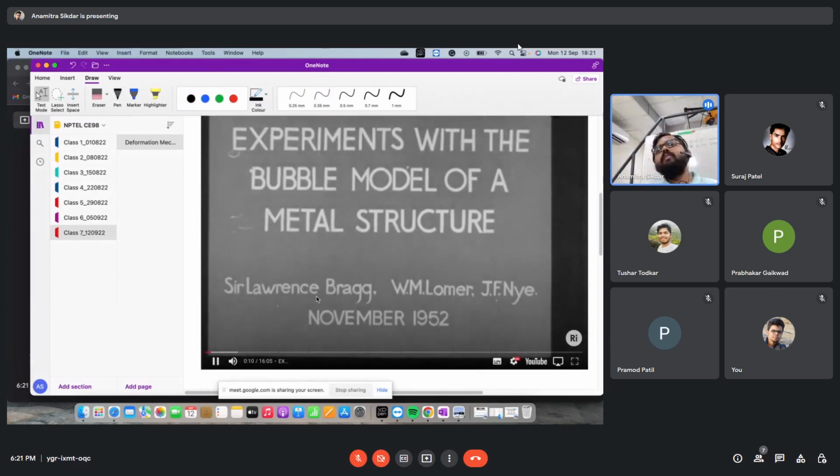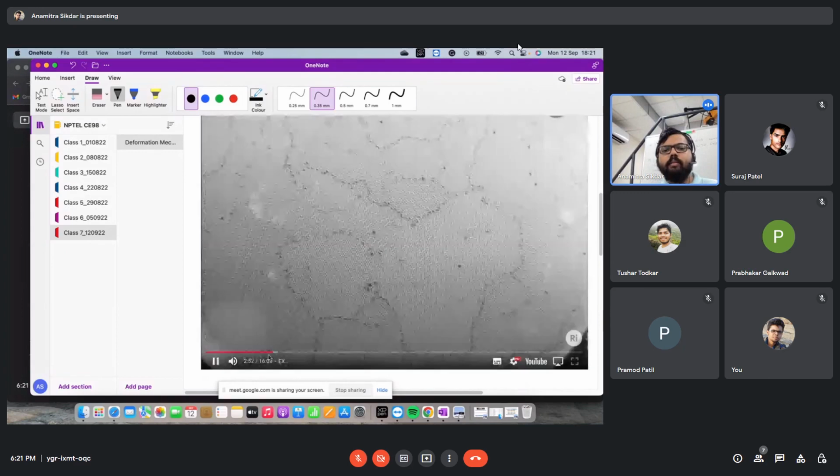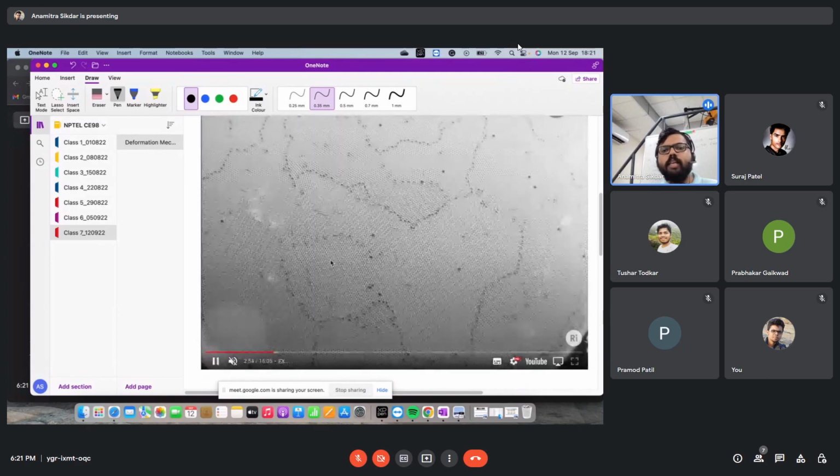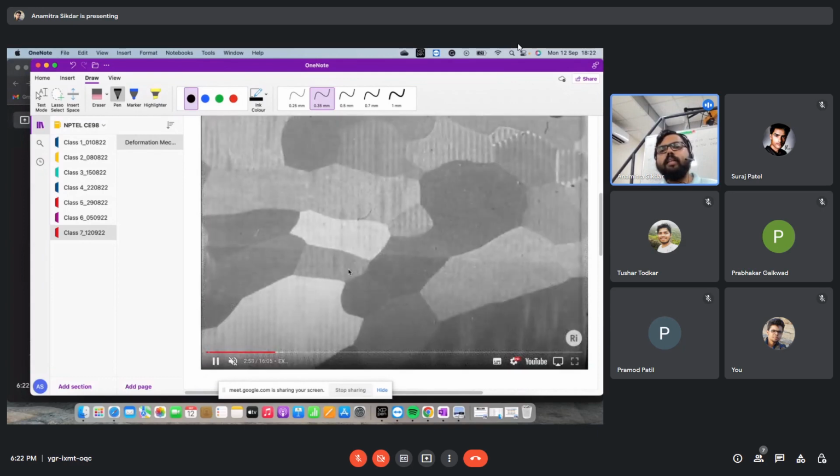They performed experiments on bubbles to recreate what is happening when, you know, these are the grains inside the mineral. These are the grains that we see in the microstructures.